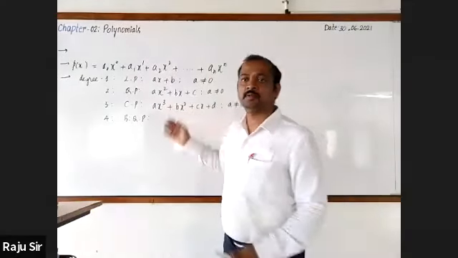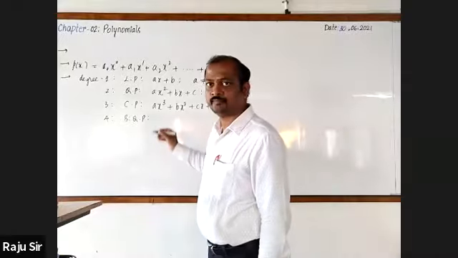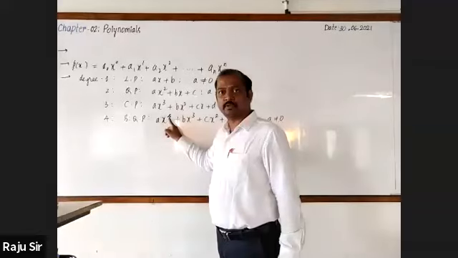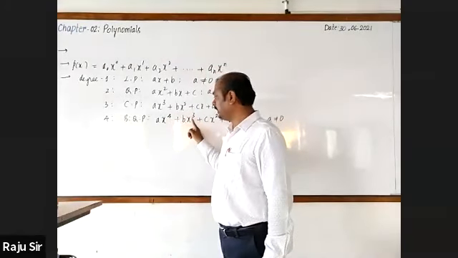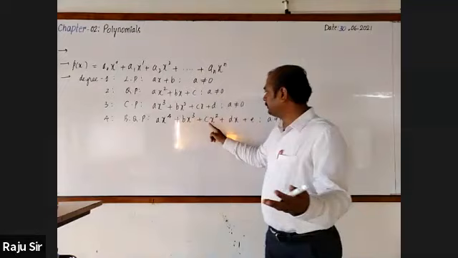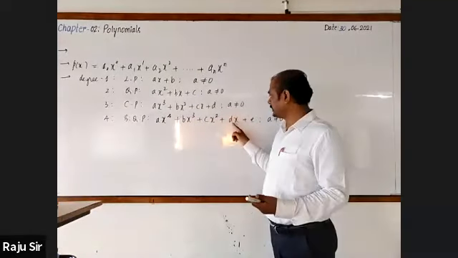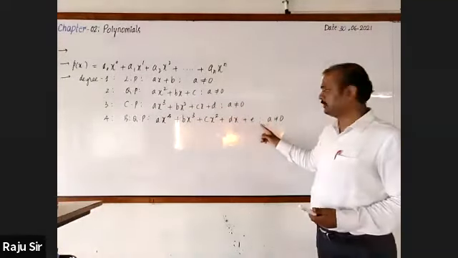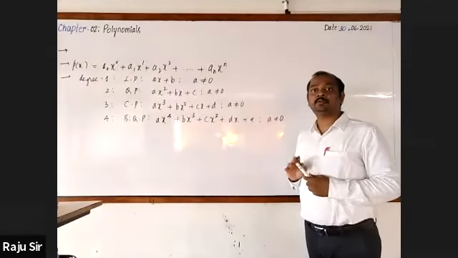Lakshmi Shri, you tell. ax to the power 4 plus bx cube plus cx square plus dx plus e, a is not equal to 0. You can read like this: a x raised to the power 4 plus b x cube, then plus c x square plus dx plus e, where a is not equal to 0.